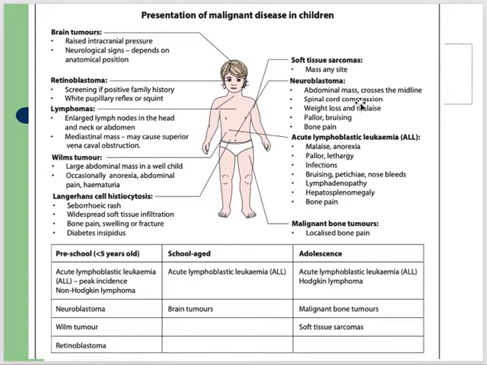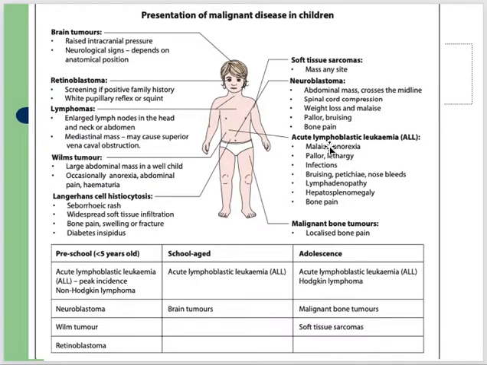Of course, the signs and symptoms depend on the location of the mass. If the mass is in the neck, the signs and symptoms will be different, but some will be the same as well. In the abdomen it will be different. These tumors cause spinal cord compression, weight loss and malaise, pallor, bruising, and bone pain.